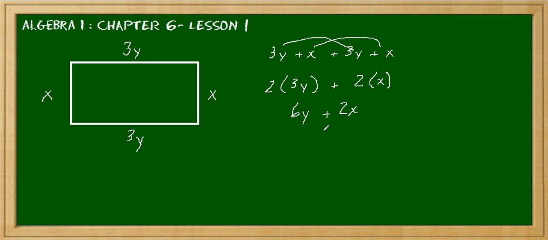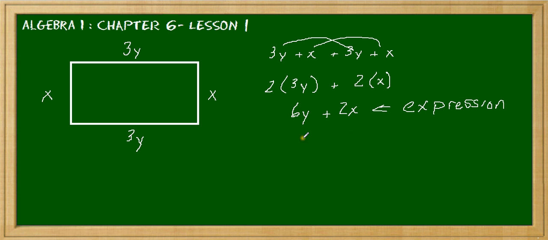Now it says write an equation stating that its perimeter is equal to 30. So we know that this is the expression for its perimeter. Now we're going to specifically say that it needs to be 30. And really, you need to learn these words, very important.